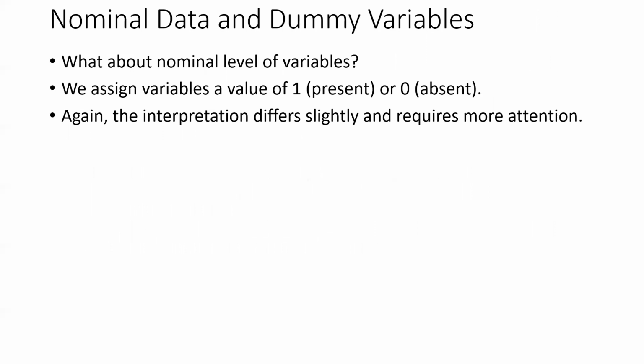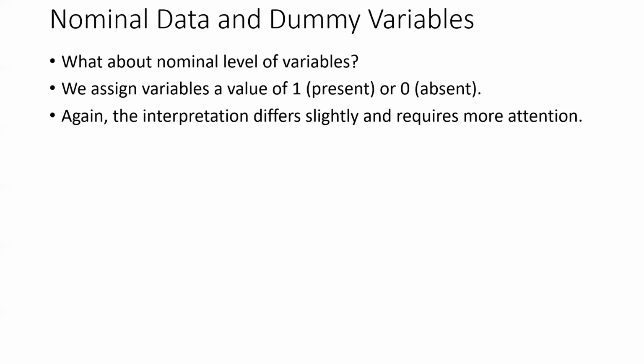So think about biological sex as an example, male or female. We could set up our dummy variable to be female equals 1 and male equals 0, and use that to represent the female yes or no kind of category.